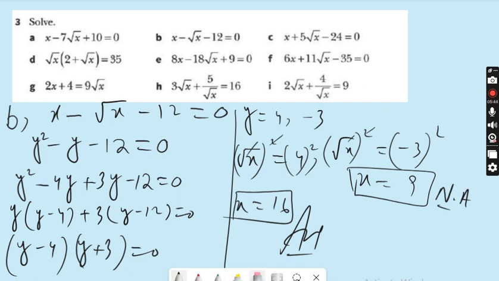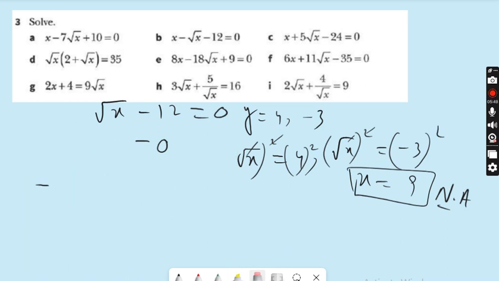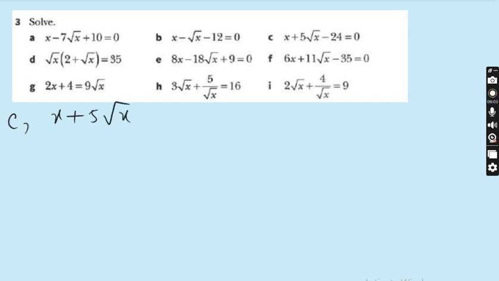Move to part C. X plus 5 root x minus 24 is equal to 0. Again, take y equal to root x, so it is y square plus 5y minus 24 is equal to 0. 8 times 3 is 24 and 8 minus 3 is 5.